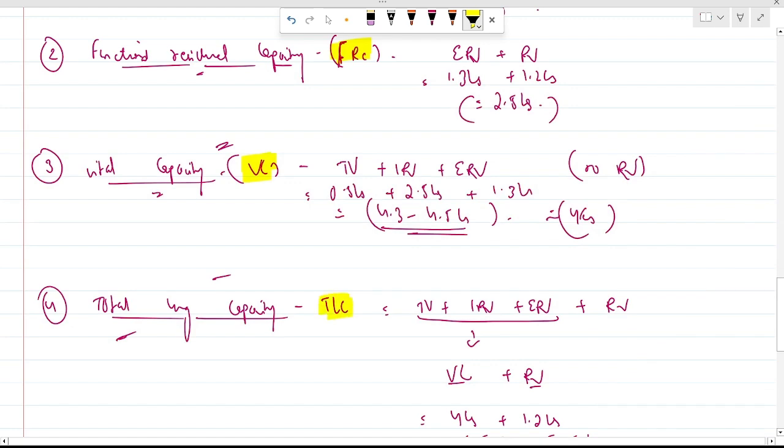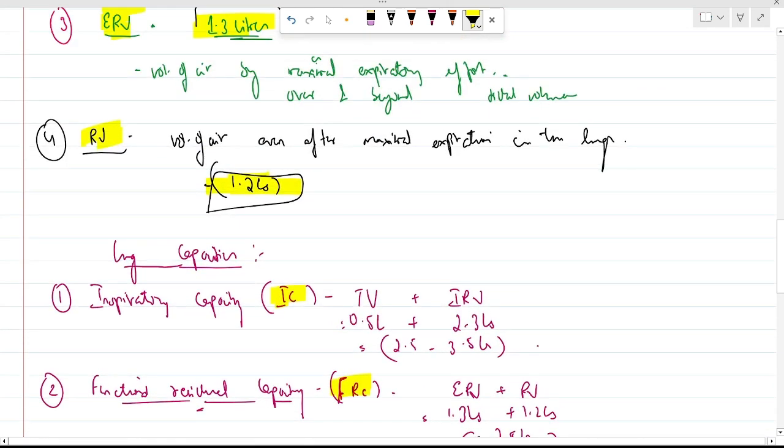Now how will you remember the addition of the values? I'm going to give you a trick here. Listen carefully. We have tidal volume, inspiratory reserve volume, expiratory reserve volume, and residual volume. We mark these 1, 2, 3 and 4.